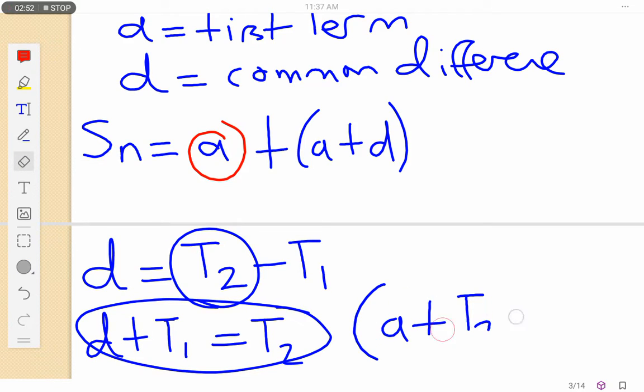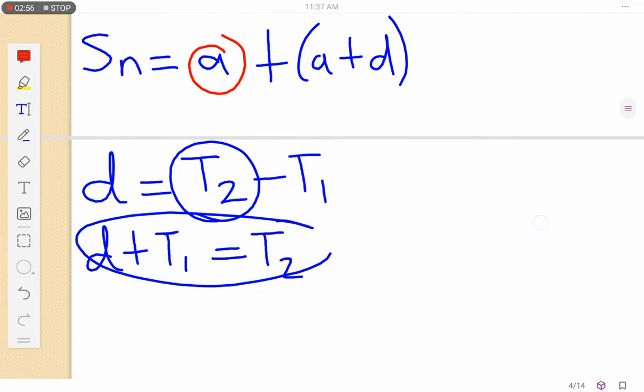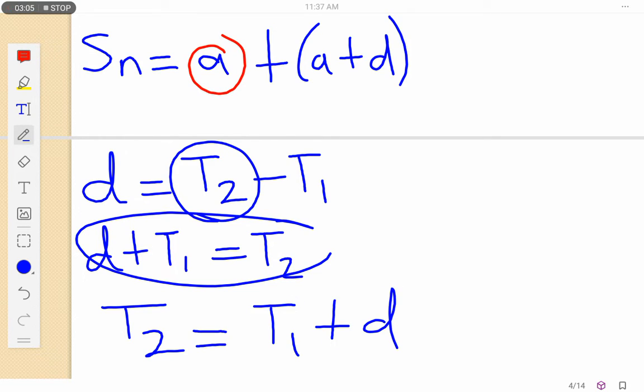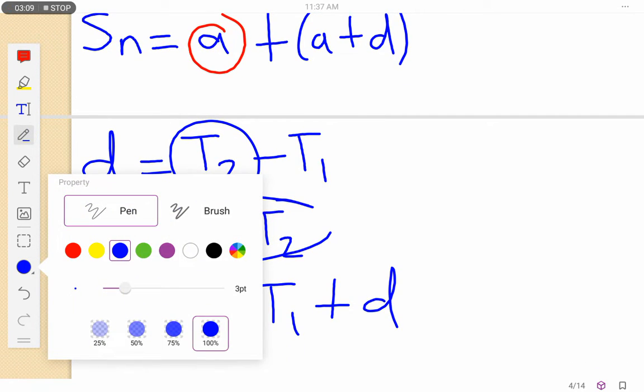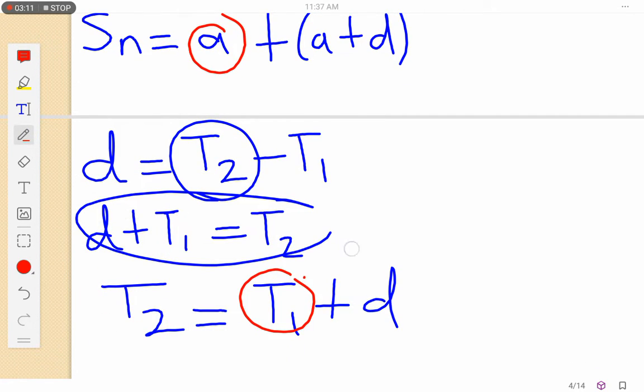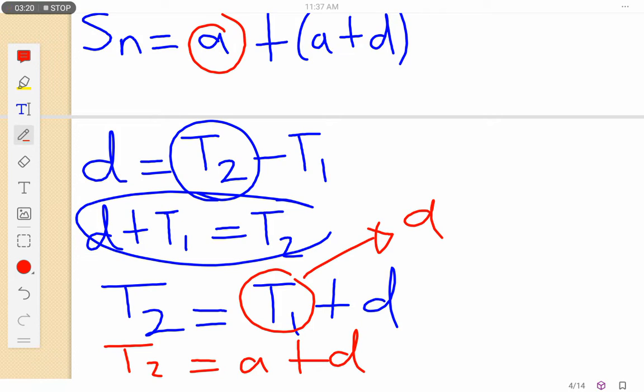If I rewrite this, T2 becomes T1 plus D. And our T1, we said, is A, the first term. So T2 becomes A plus D. That's where I'm coming from.